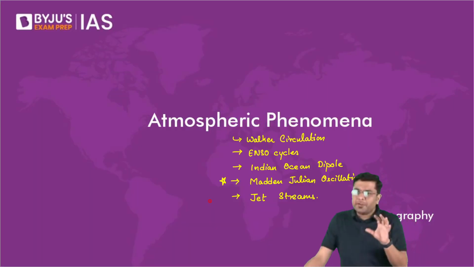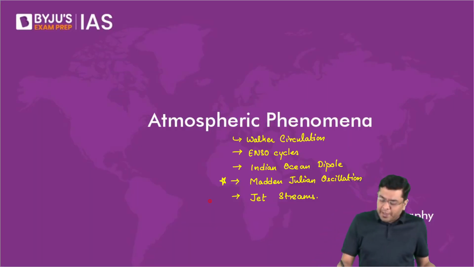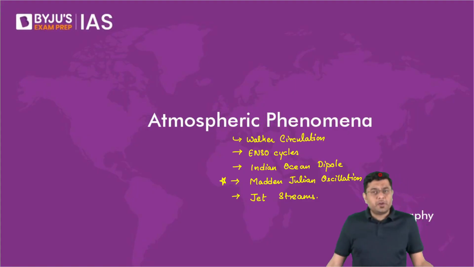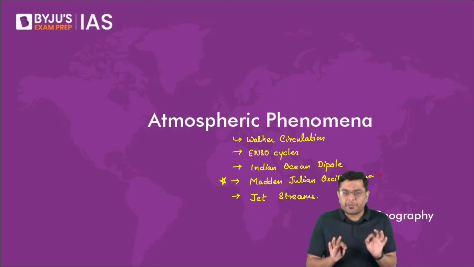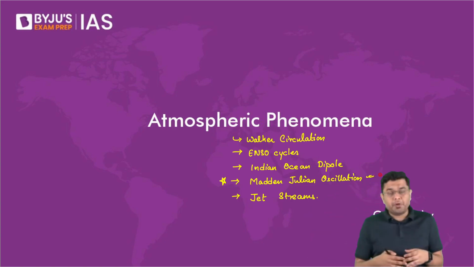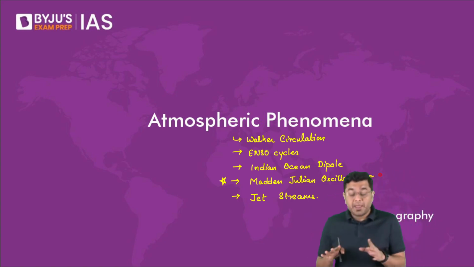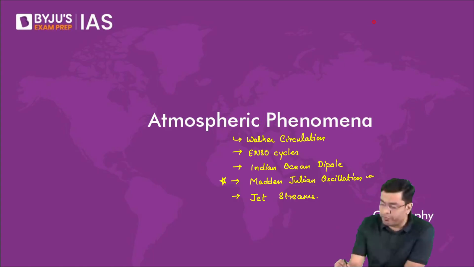But that is where this always forms a part of your current affairs information that you get. So here, in all of this, you should be aware of what they are, the basics of them. They will never ask you in the prelims about and go into the depth of it. Just the basics of them is something which should be understood. So for your prelims, what is relevant out of here is Walker circulation.